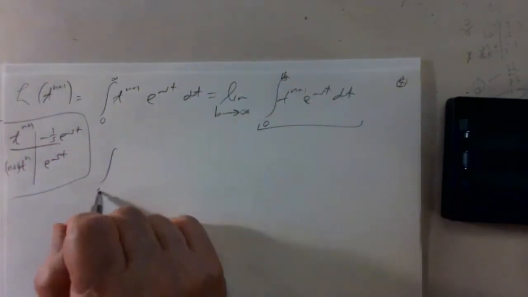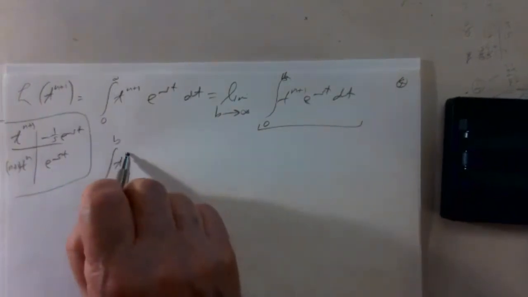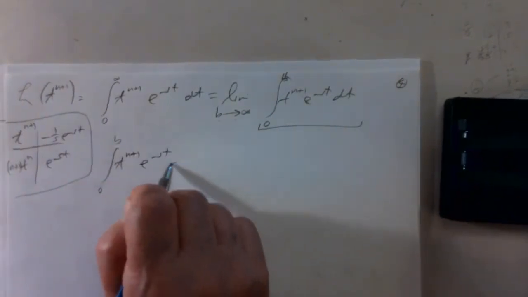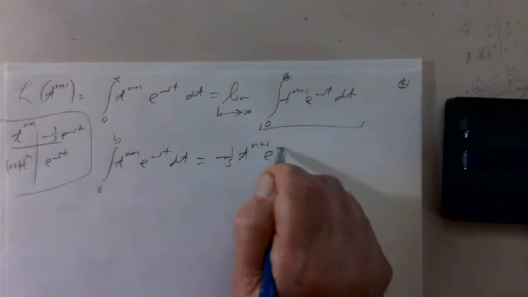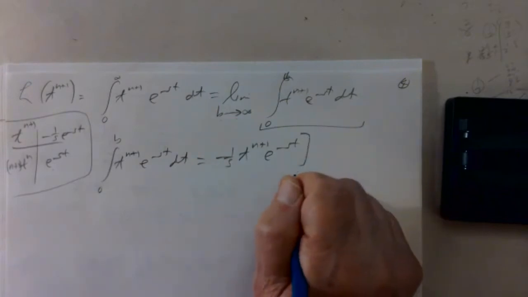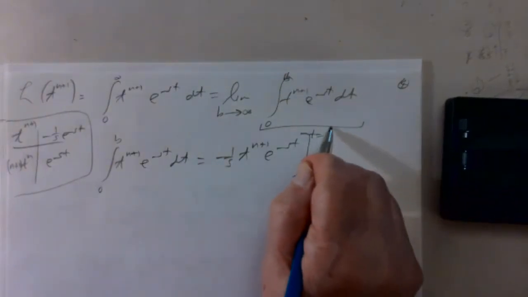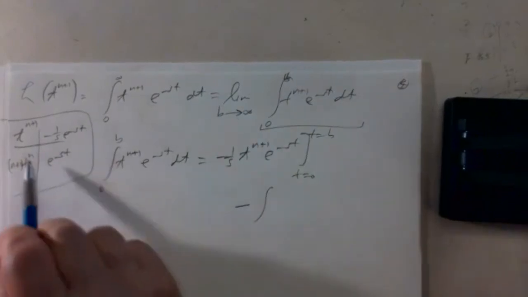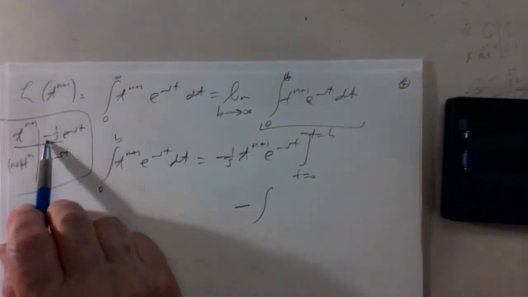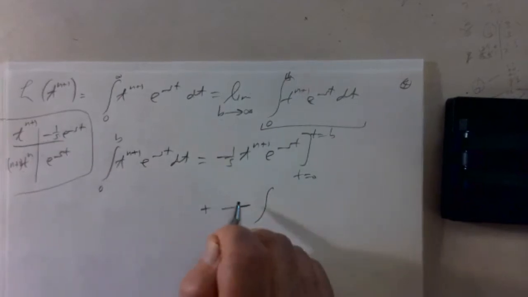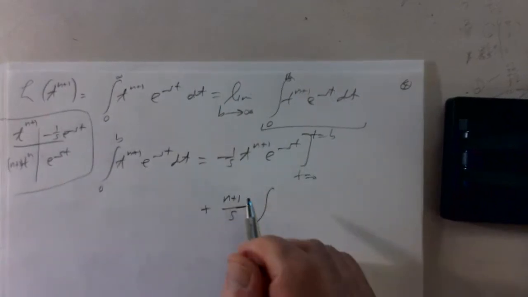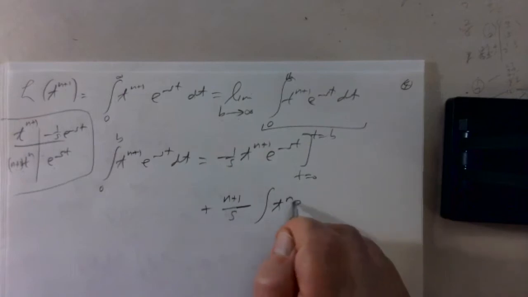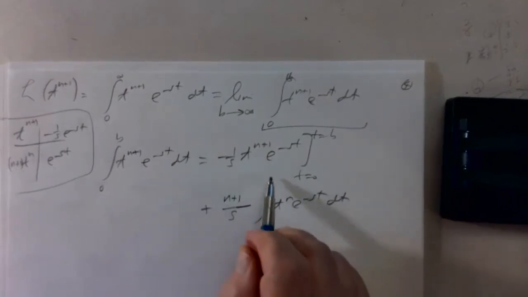So using integration by parts, the integral from 0 to b of t to the n plus 1 e to the minus st dt is equal to minus 1 over s, t to the n plus 1 e to the minus st, evaluated from t equals 0 to t equals b, minus the integral of this times this. So I have minus times minus, that makes it plus n plus 1 over s, the integral of t to the n e to the minus st dt, from 0 to b.